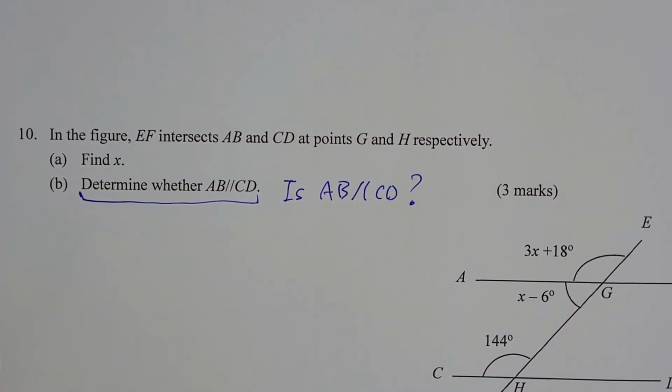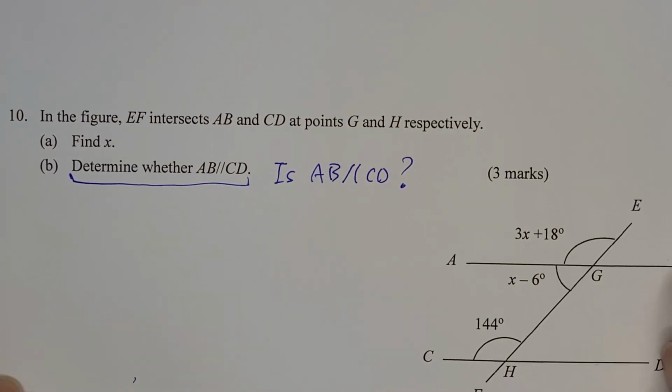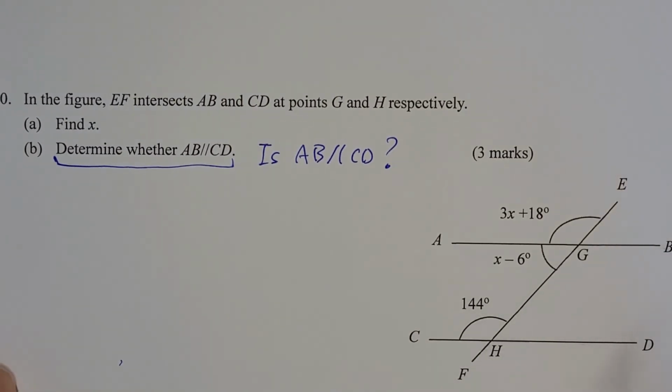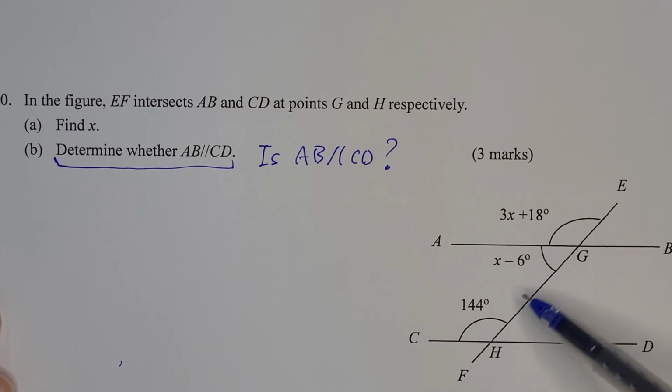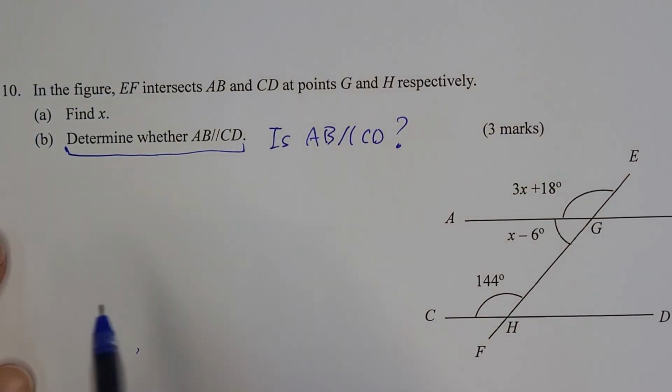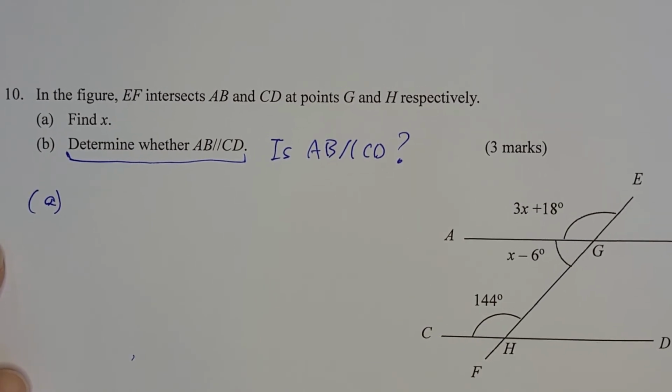Are they parallel? So if they have the query like this, that means in part A, you cannot assume they are parallel. That means you cannot use something like interior angles. You need to find x by another way.